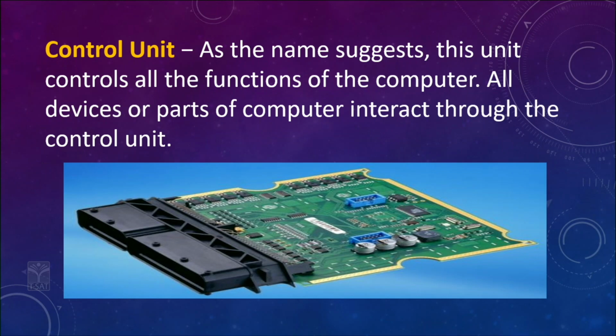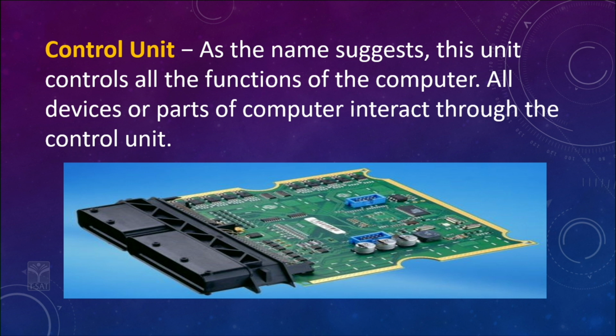So the aspirant has to learn which device is said to be an input device and which device is considered an output device. That kind of information is very, very important. Okay. Now coming to the next one, a control unit. Already I said the control unit is a part of the central processing unit. As the name suggests, this unit totally controls all the functions of the computer.